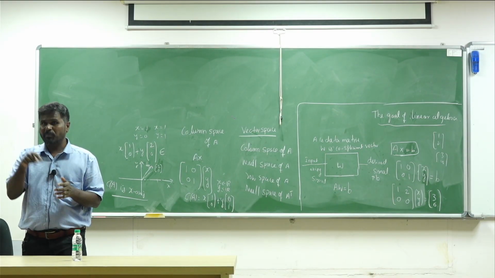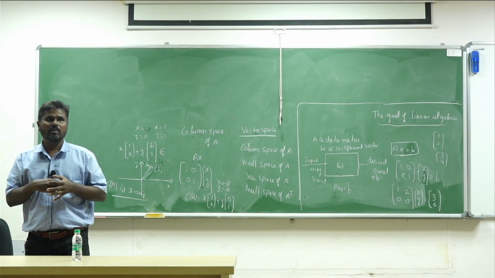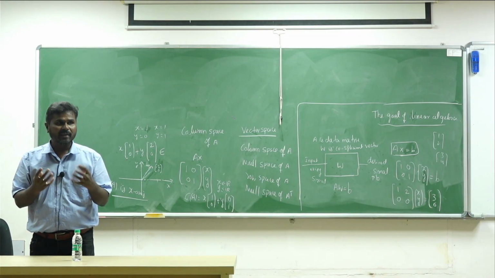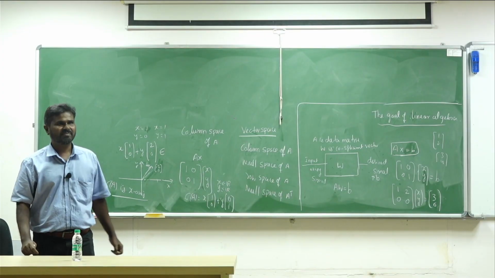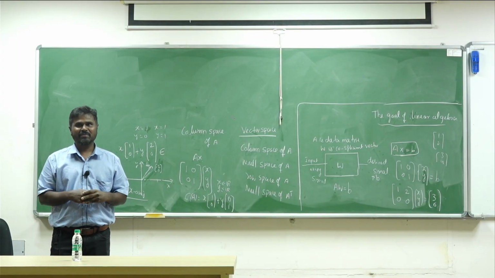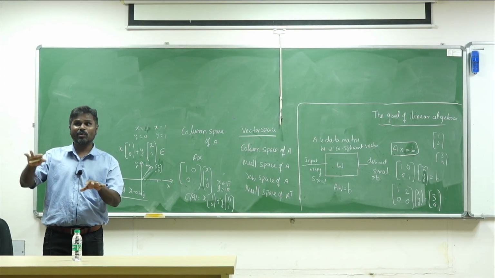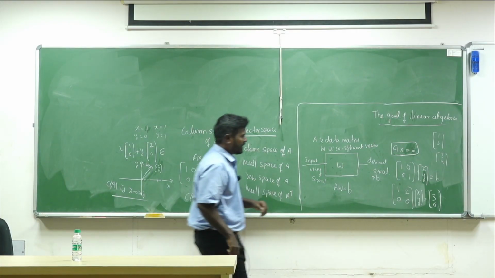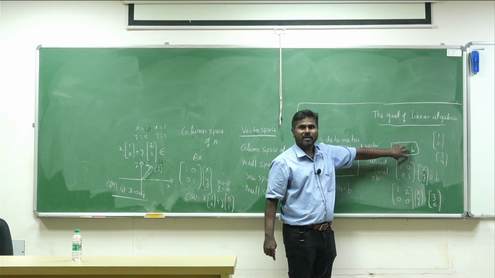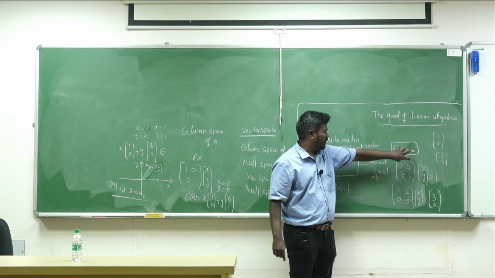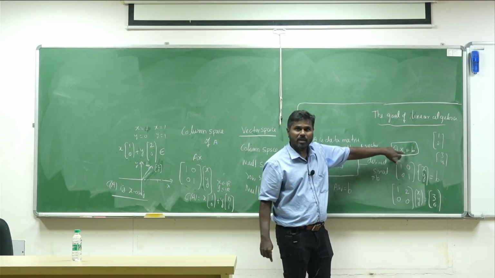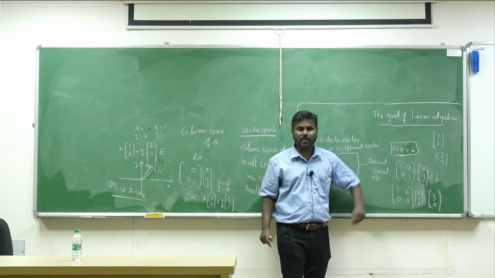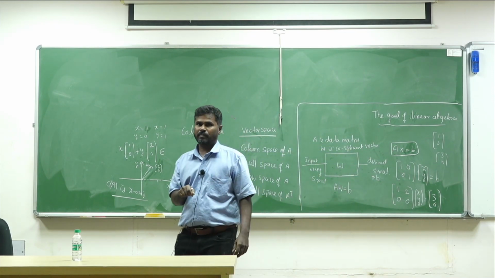For a particular B, if you have the solution, then that is called the particular solution. You heard about the particular solution and homogeneous solution? If B is coming from the column space of A, you will have the solution.